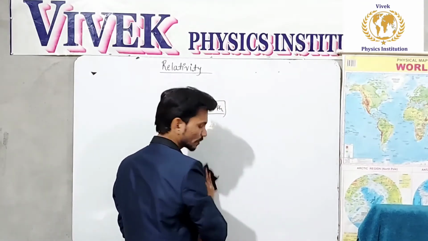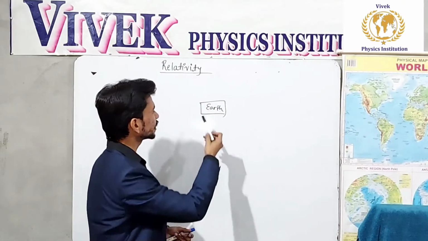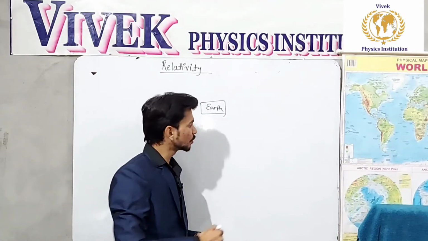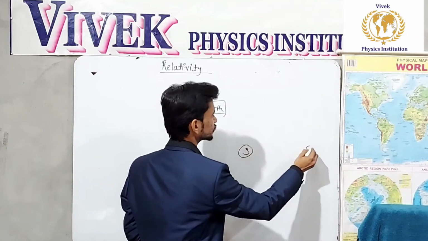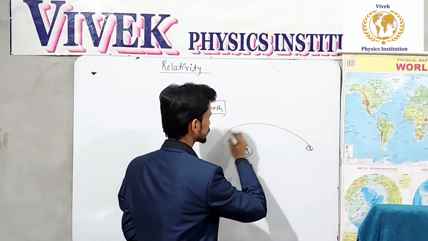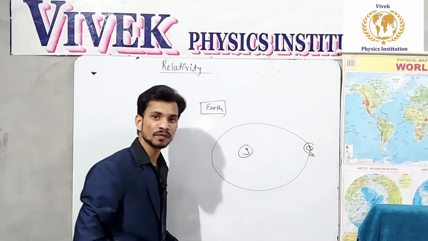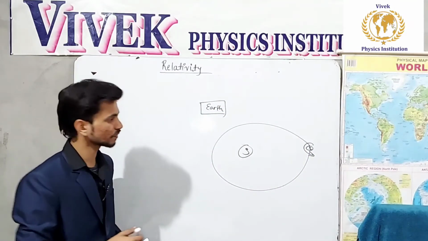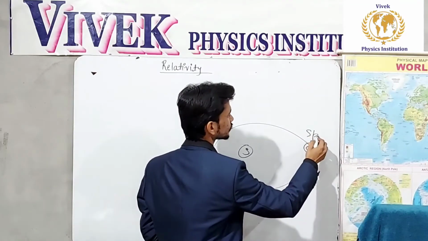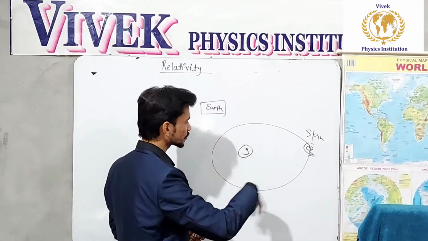Okay. Now if we take the example of the Earth, you know very well Earth is moving around the Sun. If this is Earth and it is moving around the Sun, it is also moving around its own axis. So Earth has two kinds of motion: one is spin motion and the other is rotating motion.